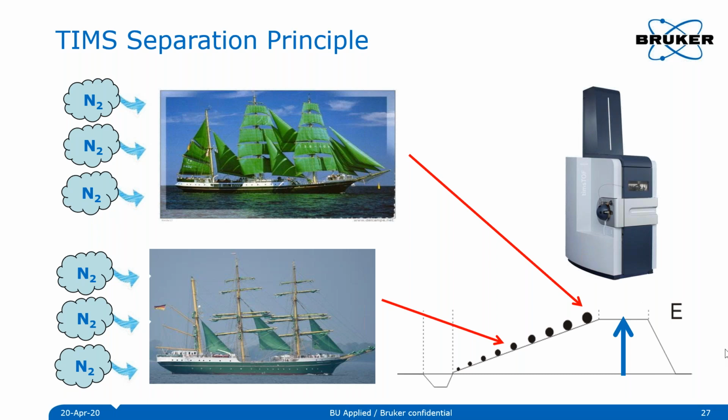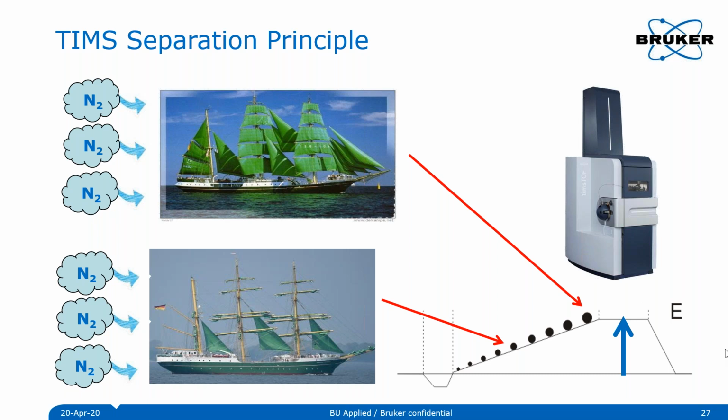Well, different ions have different collisional cross-section, or CCS values as we call them. Like with these two sailing ships, more sails or greater collisional cross-section means stronger interaction with the wind or the gas flow. In case of TIMS, we're pushing the ions forward with the gas flow, just like the wind, while holding them back with a gradient of opposing electric field.